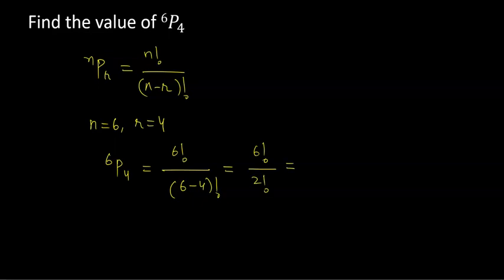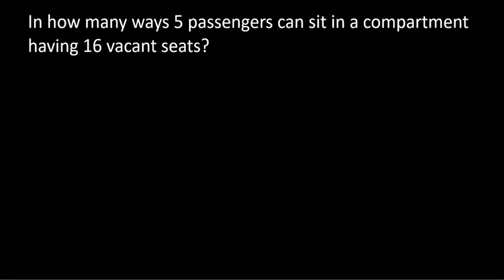Simply write it as 6 times 5 times 4 times 3 times 2 factorial divided by 2 factorial, cancel it, and the remaining calculation gives 360. So there are 360 possible arrangements of 4 things out of 6.